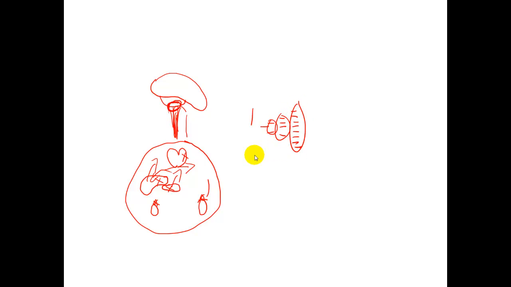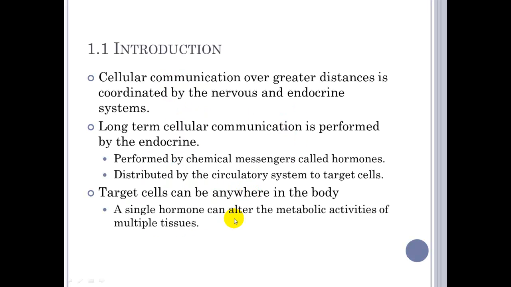And what we get is multiple organ systems and multiple targets reacting at one time. So when we're talking about chemical messengers, that is the hormones. An example of a hormone, adrenaline or epinephrine is considered a hormone, and these are going to go to target cells all over the body and pretty much tell them what to do or give them a specific type of chemical communication.